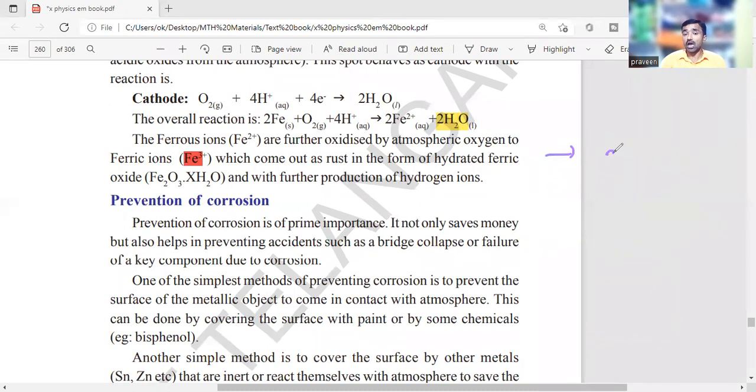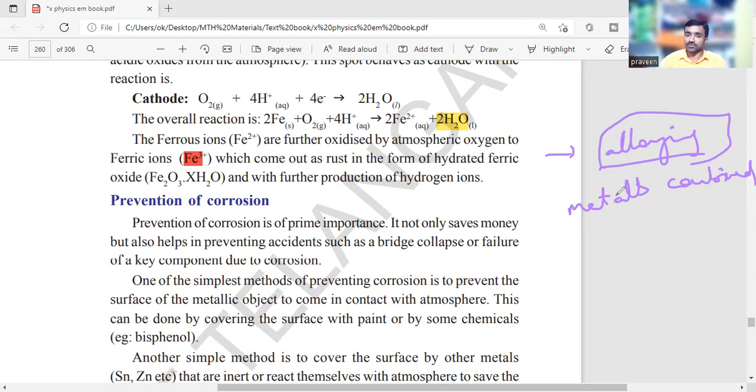One more is alloying. Alloying is a method which combines different metals together, and that combination of metals in a ratio is called alloying.